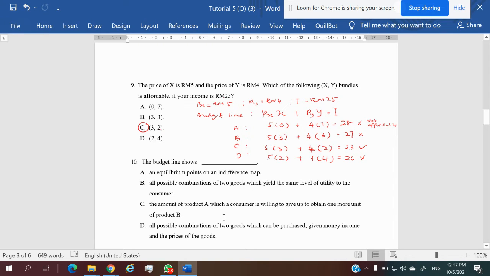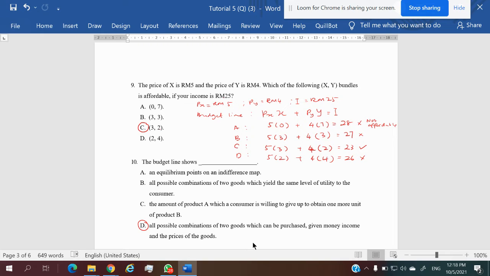C, the amount of product A which a consumer is willing to give up to obtain one more unit of product B. No. How about D? All possible combinations of two goods which can be purchased given money income and the prices of the goods. Yes, the best answer is D.